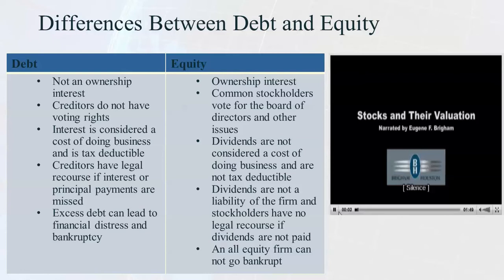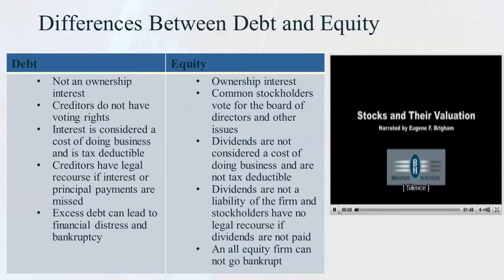Dividends are not a liability of the firm, and stockholders have no legal recourse if dividends are not paid. So dividends are not mandatory. A company can start paying dividends and stop paying dividends, so it's not mandatory.